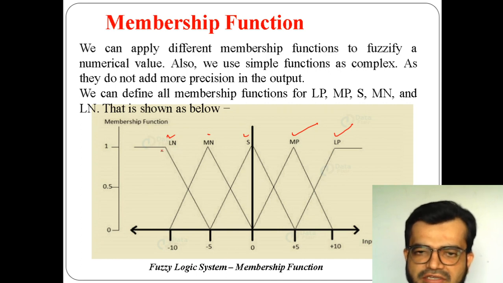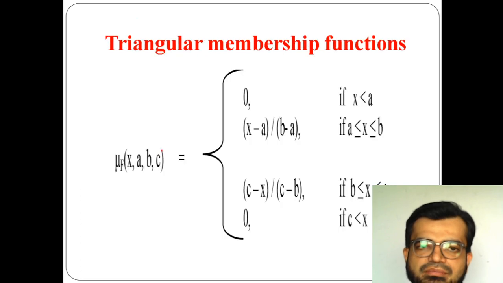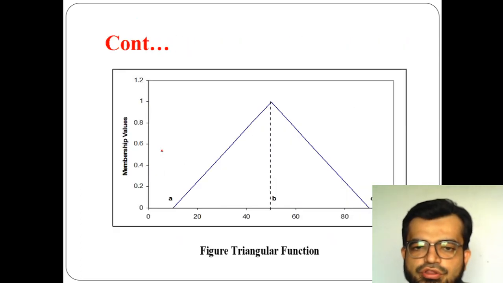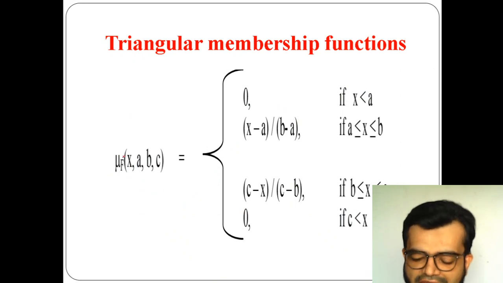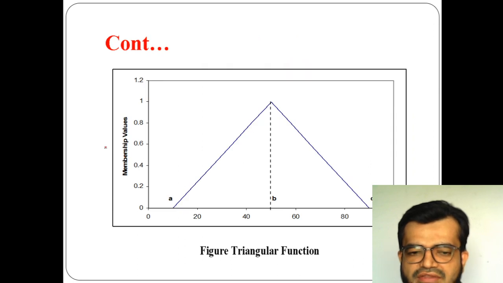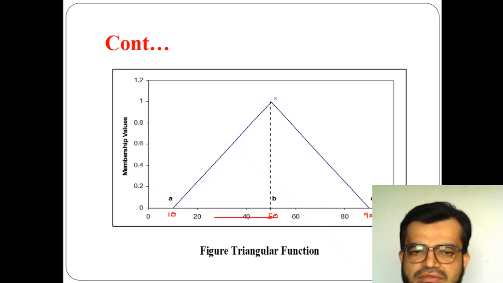So this is a membership function, but not only triangular membership functions are there. There are various types of membership functions. As I said, this is a triangular membership function. Now you need to calculate how these values, the ranges, are taken. Consider the ranges here as 10, 50, and 90, and this is the value of x.